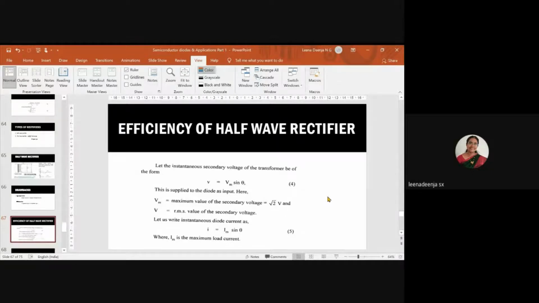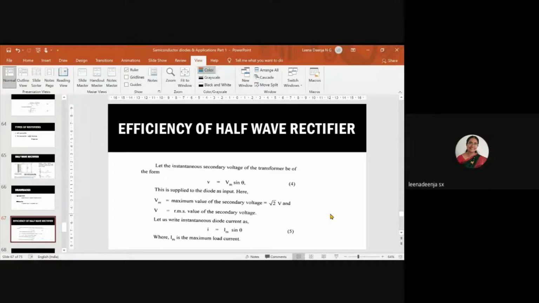Periodically varying എക്സ്പ്രഷന് നമുക്ക് സൈൻ തീറ്റ അല്ലെങ്കിൽ കോസ് തീറ്റ യൂസ് ചെയ്യാം. ഇവിടെ നമ്മൾ സൈൻ തീറ്റ ആണ് എടുത്തിരിക്കുക. സോ വി ഈക്വൽ ടു ഇൻസ്റ്റന്റേനിയസ് സെക്കൻഡറി വോൾട്ടേജ് അക്രോസ് ദി ട്രാൻസ്ഫോമർ. That is V equal to Vm sin theta, where Vm is the maximum value secondary voltage.